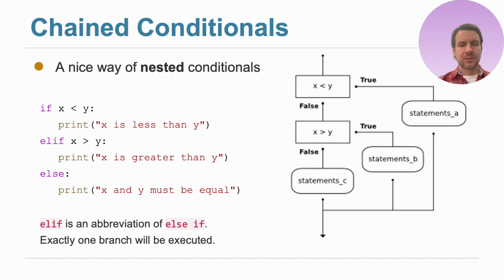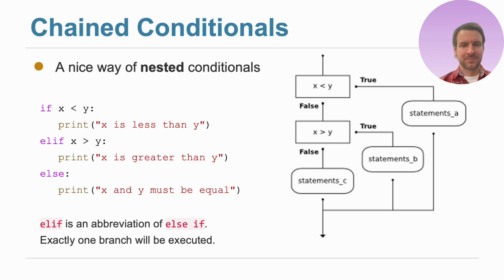So you can write elif, so it is combining the else and if together, especially if you have many of these conditions that you would like to put after each other. If, else if, else if, else if. This makes life a little bit easier because you don't have to keep indenting things, and it's a little bit easier to read.